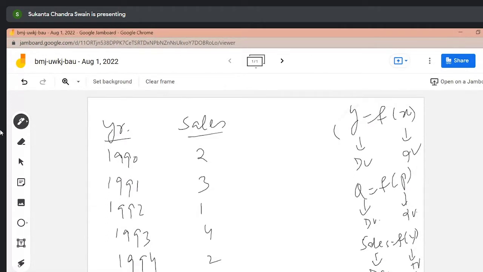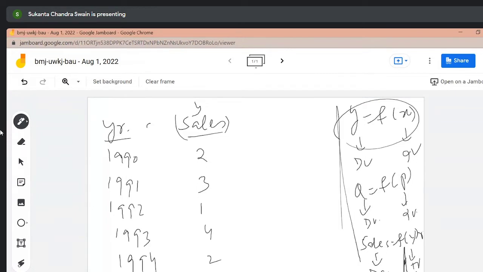That means if you put it in the y-x form, sales will be y, because this one is sales, and year will be x. While taking year as x, we will not take the value of the year as it is. Rather, we will take the reduced value of the year.